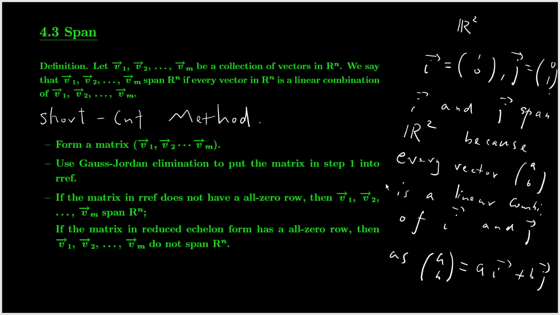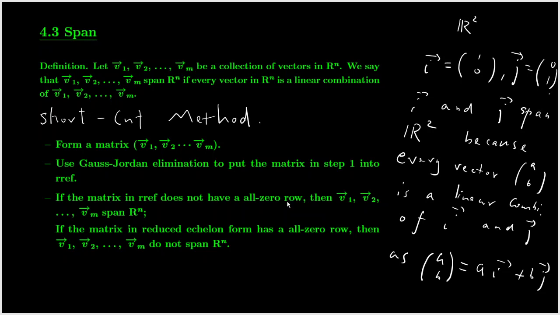Now you look at the statement. What we need is to check: is there a row consisting of all zeros in RREF? If there are no rows consisting of all zeros, then the answer is yes. By yes, I mean the given two vectors do span R2.